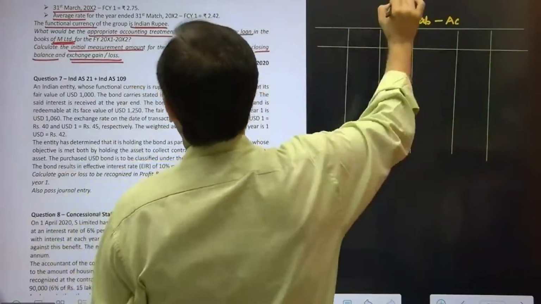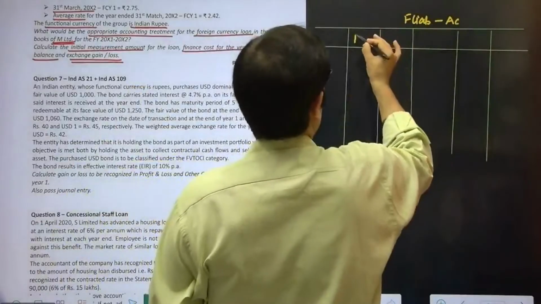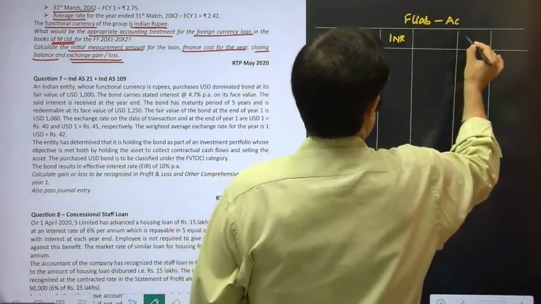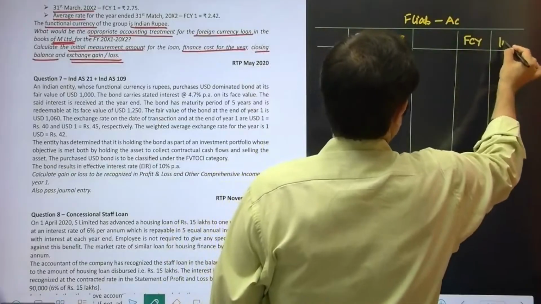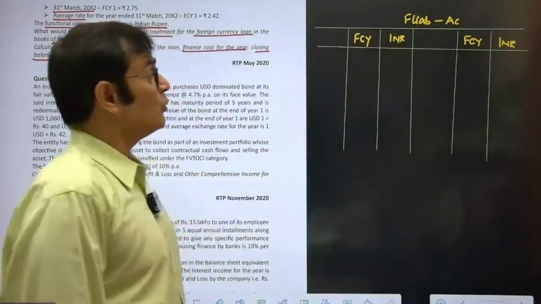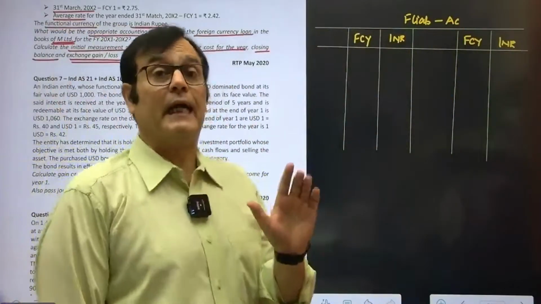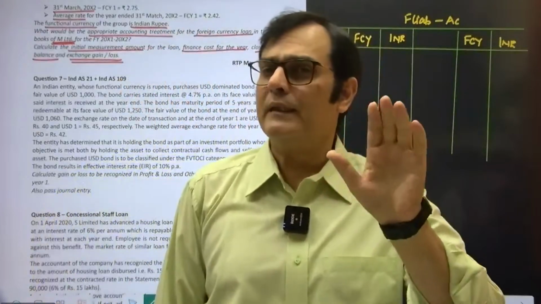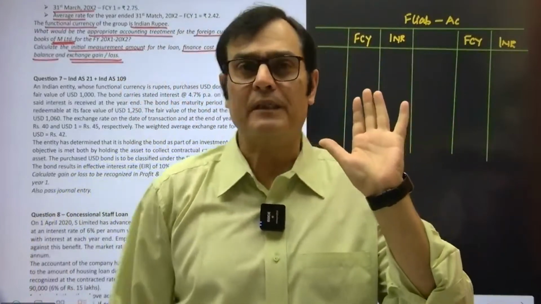So we're going to consider first of all the foreign currency. Let me put it as FCY, foreign currency, and this is INR. I'm not going to make the 2 columns simultaneously. I will just concentrate on the foreign currency column to begin with. Then we can take care of the Indian rupee later.